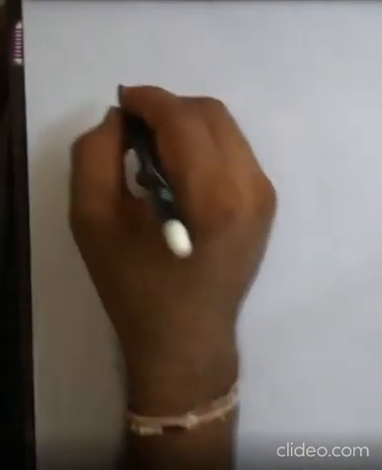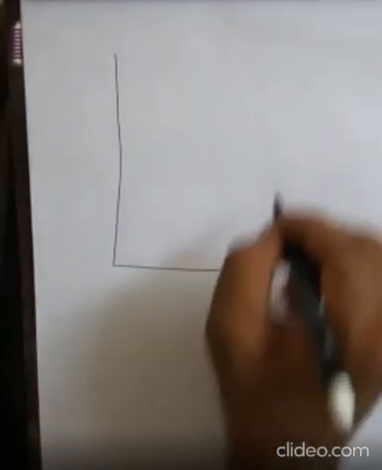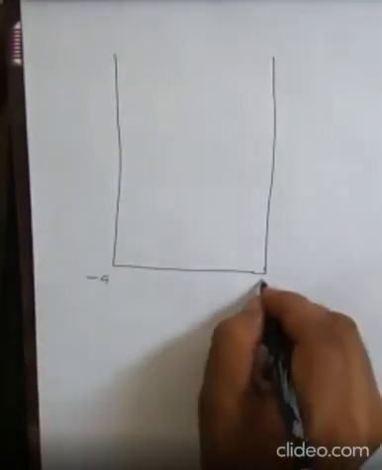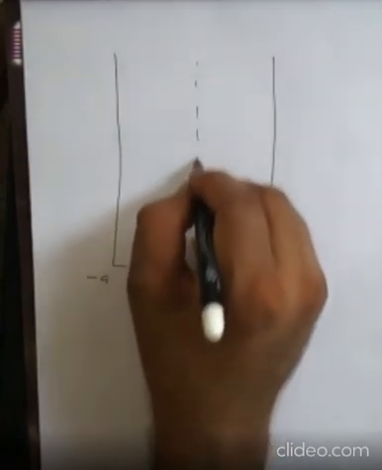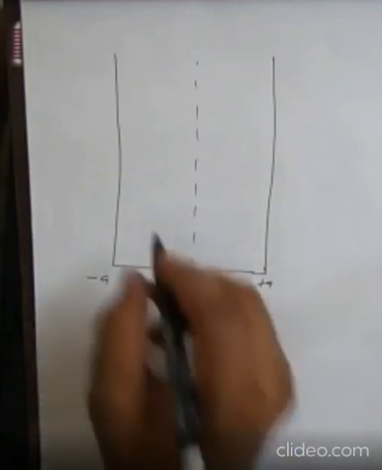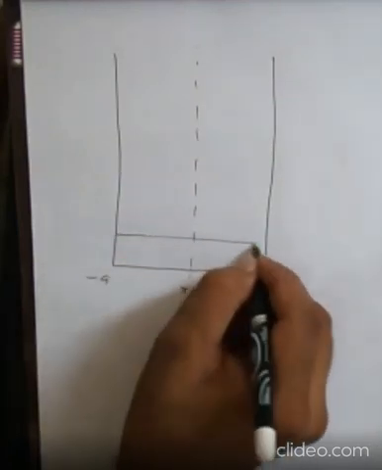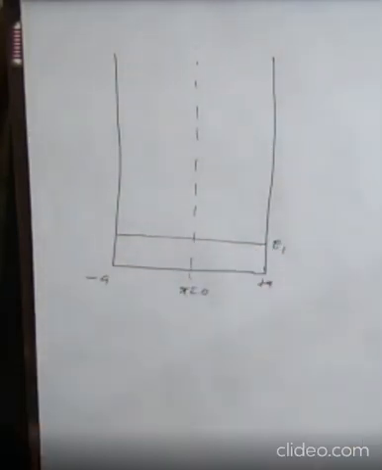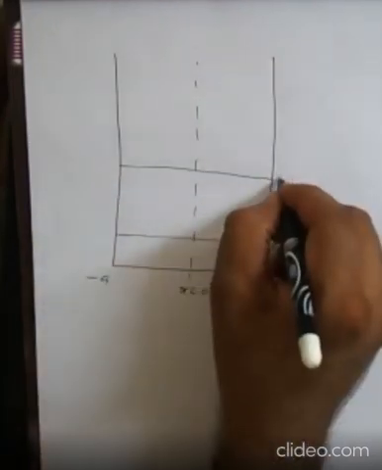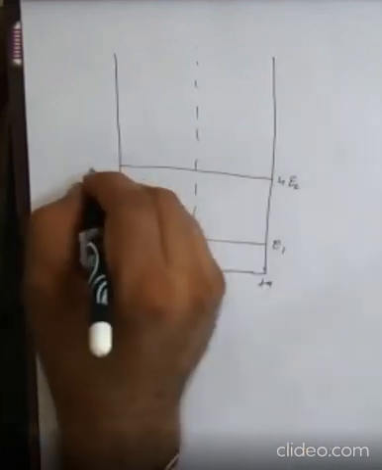So if I plot the graph of this wave function, from minus a to plus a, with x equal to 0. Let's say this is the ground state. This is n equal to 2.